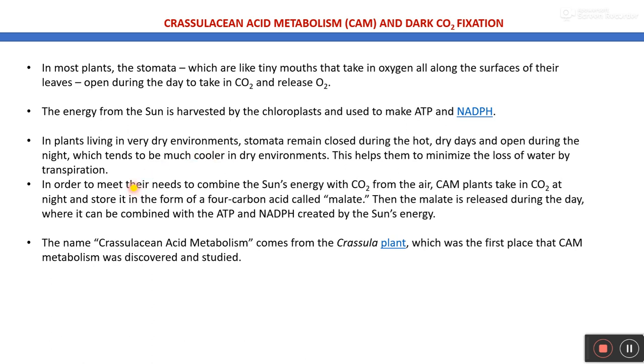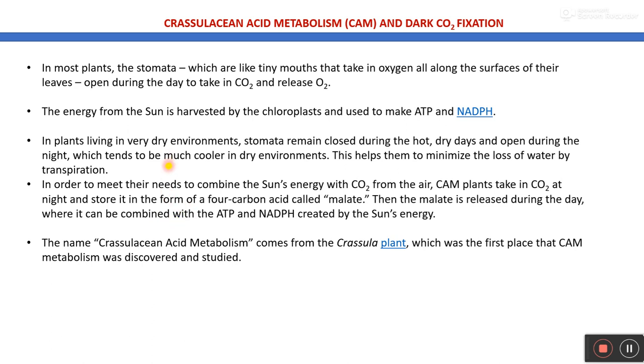But in plants living in very dry environments, a dangerous amount of water can be lost if stomata open during the hot, dry days. During the night, which tends to be much cooler in dry environments, far less water is lost by opening the stomata.